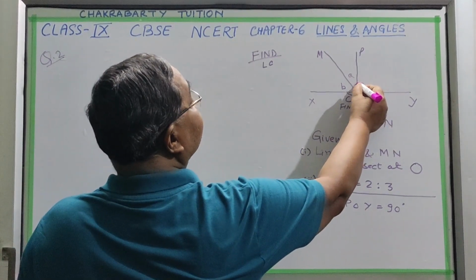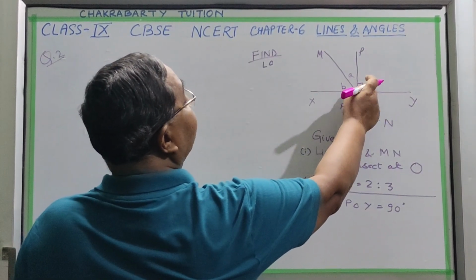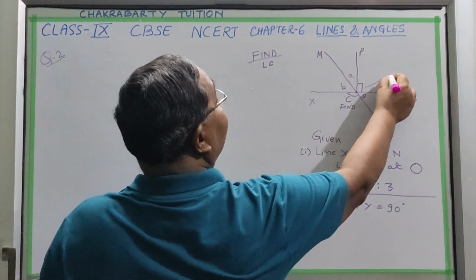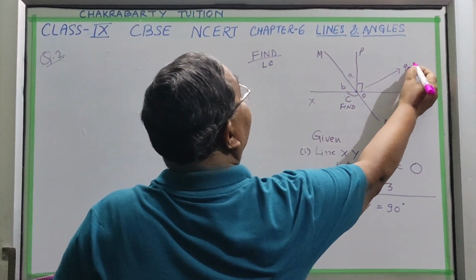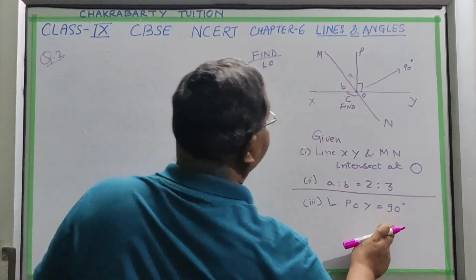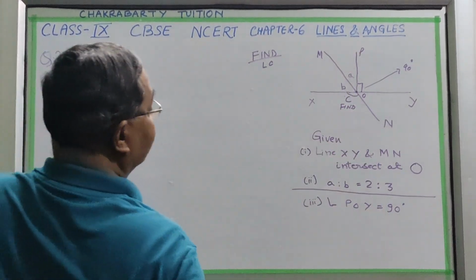This symbol is given in the question, and it means 90 degrees. So angle POY will be 90 degrees. This is given.